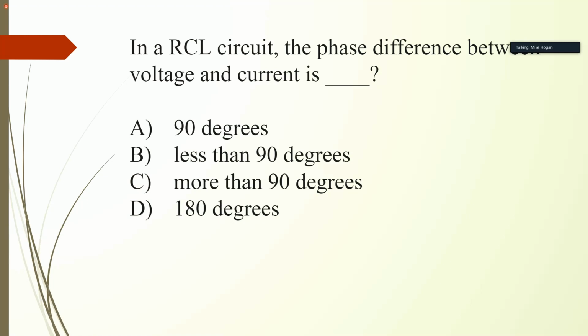In a capacitive circuit, ICE, current led voltage by 90 degrees. So what do you think the relationship between voltage and current is if we have an RCL circuit?